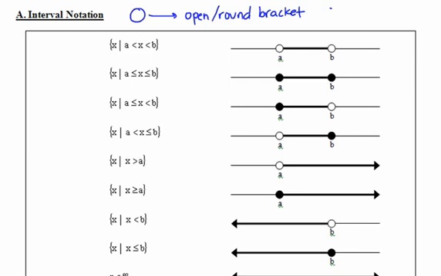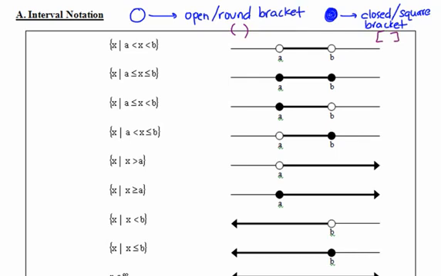If it's equal to at that point, or filled in, that's a closed circle, so it's going to be closed, or a square bracket. An open bracket looks something like that. It's rounded, and closed would be the square bracket.